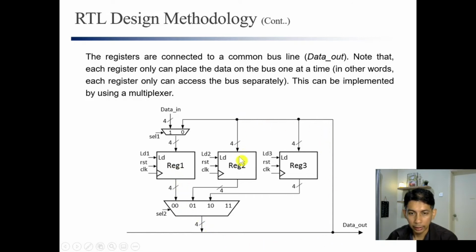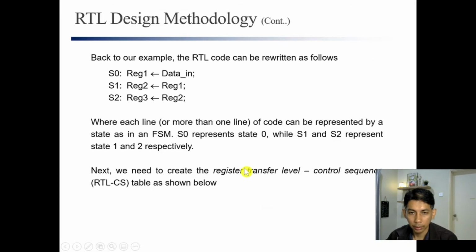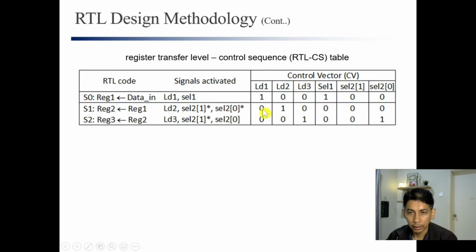To load the data from the bus into rack 2, LD2 must be 1 and the rest should be 0, with SEL1 and SEL2 at 0, 0, 0.